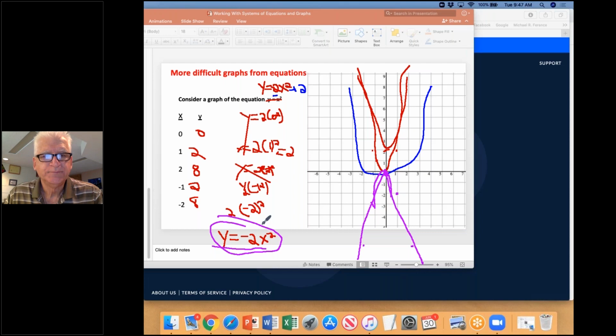If I'm starting with the equation and making it into a graph, I can always do that by plotting the points.